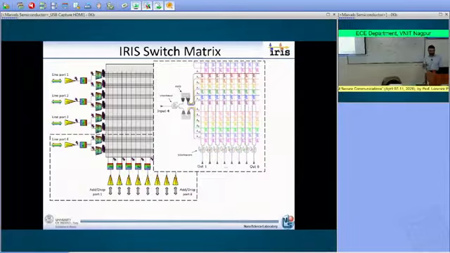I will tell you what an interleaver is in a while. Then after the interleaver, we have a demultiplexer stage, meaning a stage which is able to route all the different wavelengths, so the 12 wavelengths, into the different waveguides, which are the different rows of our switching matrix.